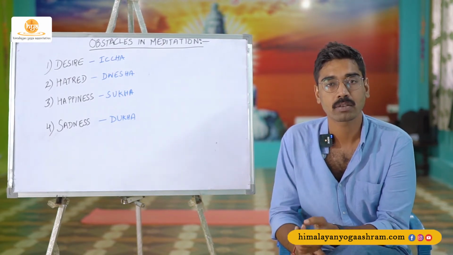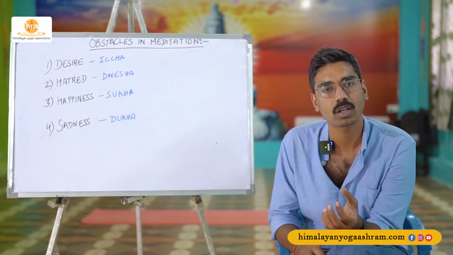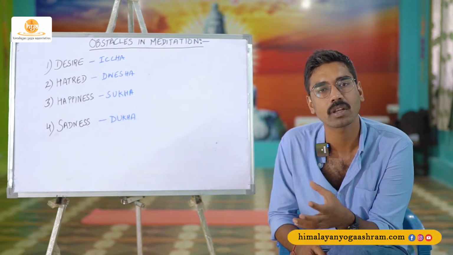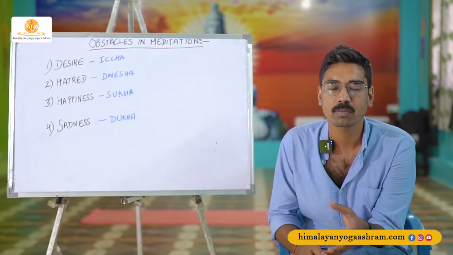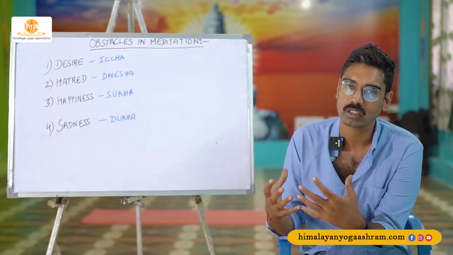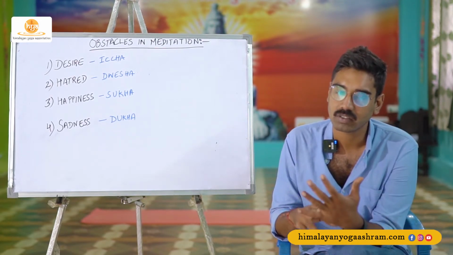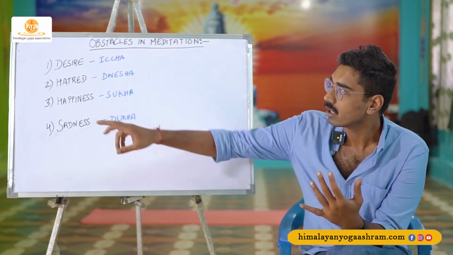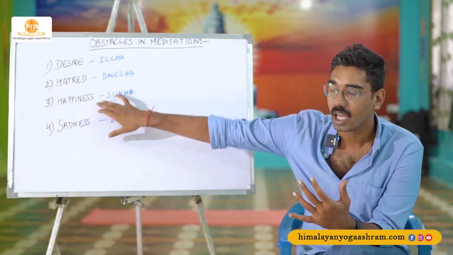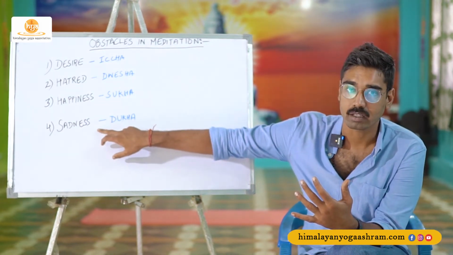Usually an average person who is not very sattvic, who is not very deep into their own yogic journey, experiences four stages in the name of desires, hatred, happiness, and sadness.